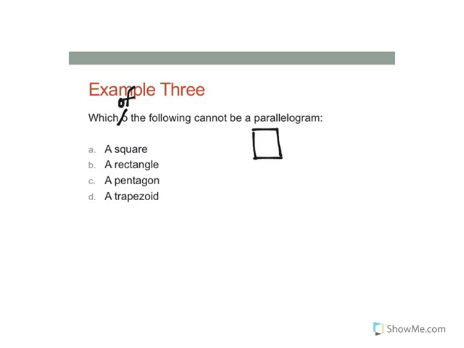Okay, if we think about a square, it will have 2 pairs of parallel sides here and here, and it would also have 2 pairs of congruent sides. So that one would fit. Same thing goes for a rectangle.